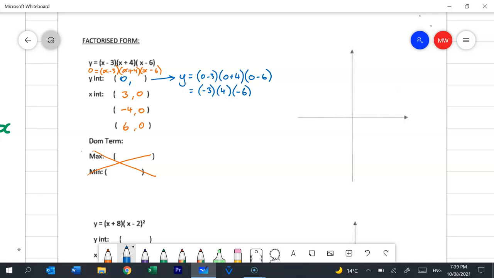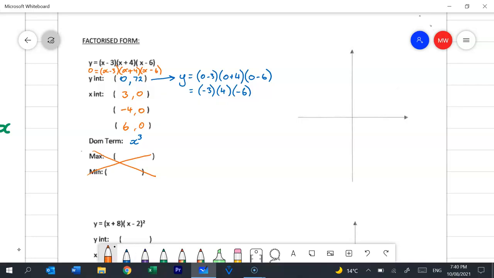And that'll give us the answer 72. So the dominant term, again, is just x cubed because there's no numbers in front of the brackets or in front of any of the x's. So we know we've got a positive trend, but this time we'll go through and we'll mark our x and y intercepts, and I'll show you what happens.